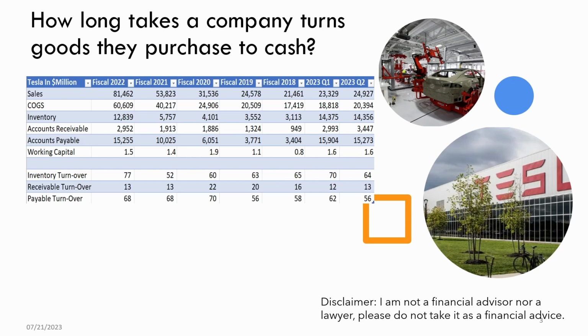So how are we going to cover the gap here? And is the company okay? The way I look at that is I also pull out the working capital. Working capital is a snapshot of the company's short-term financials, looking at current assets versus current liabilities. This 1.6 means the company at the end of Q2 2023 had 1.6 times current assets over its current liabilities, which means the company has no short-term liquidity issues at all.